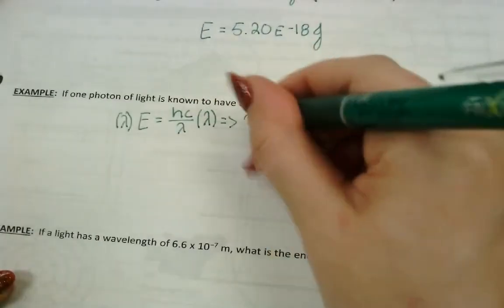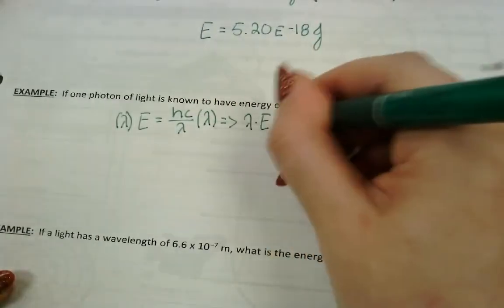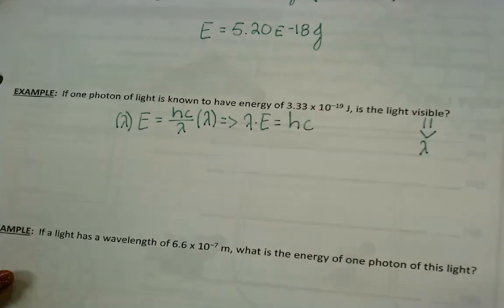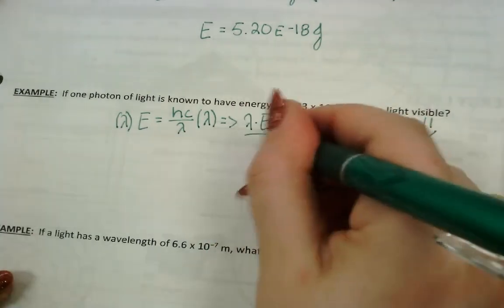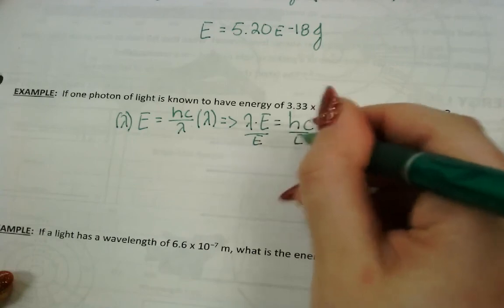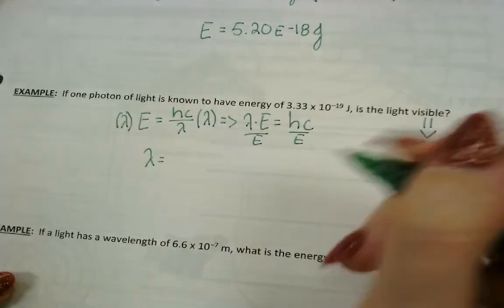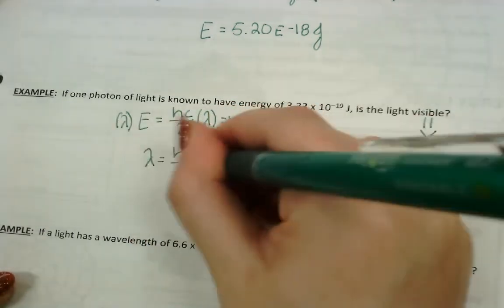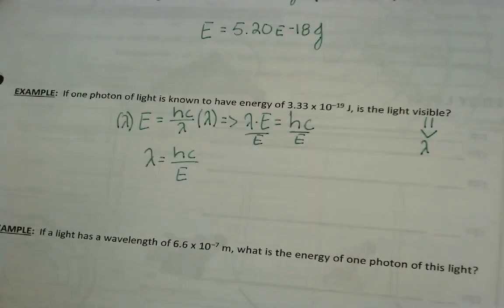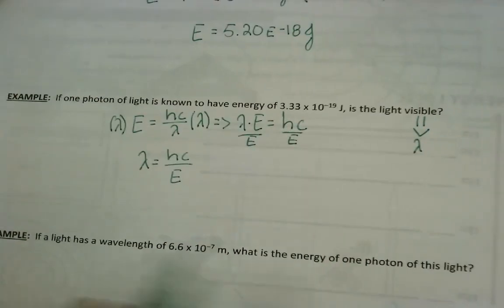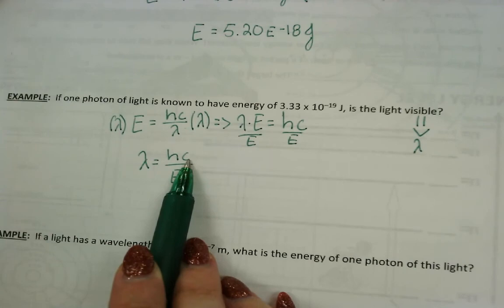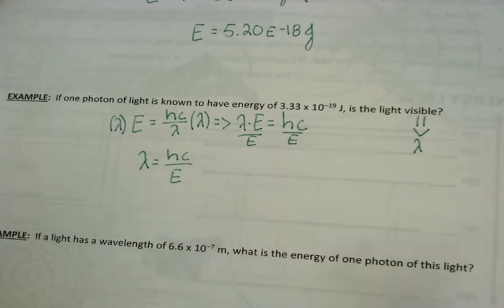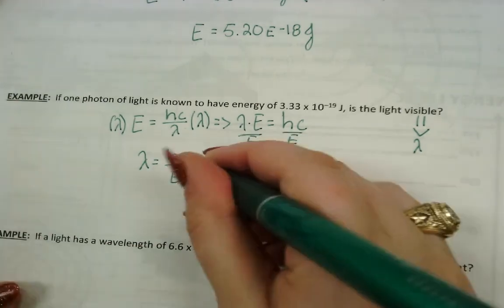So then we get wavelength times energy equals hc. To get wavelength by itself, divide by energy. So our final formula that we want to use is hc over energy. Well, h and c are constants. We were given energy, so now all we have to do is plug it in.